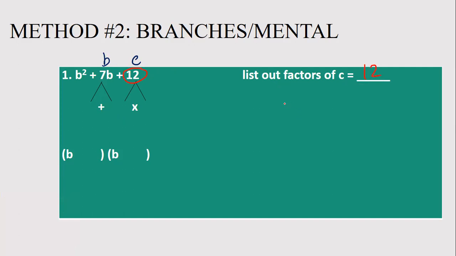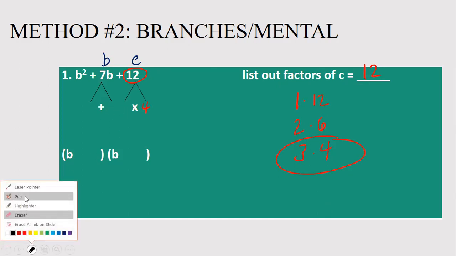What are the factors of 12? 1 and 12, 2 and 6, and 3 and 4. Out of these options, what adds to give me 7? 3 and 4. So my magic numbers that make this true. I wrote a 7 and not a 3. Do we remember? Whew.